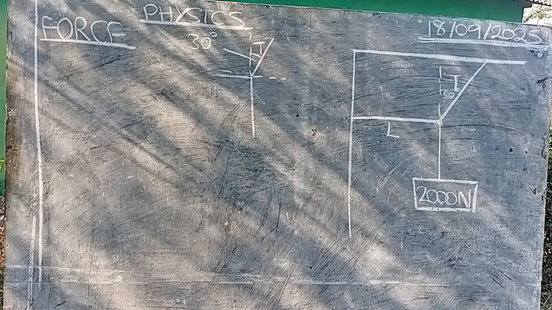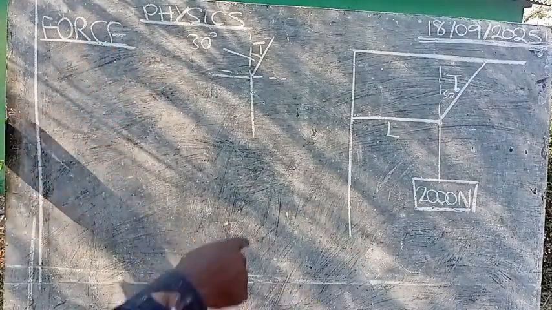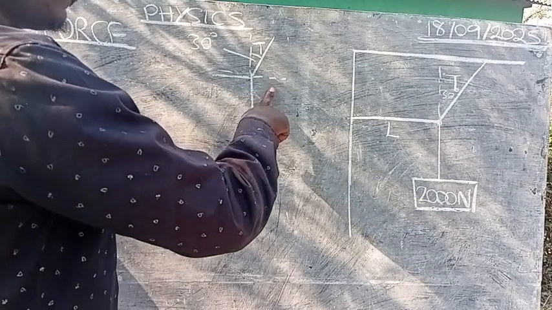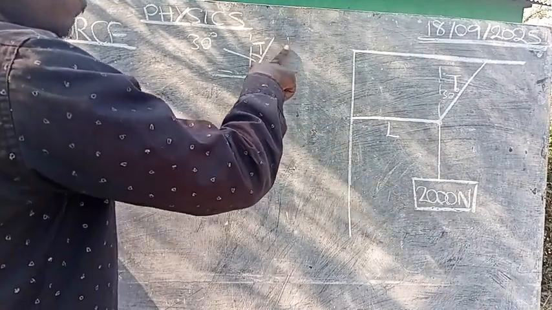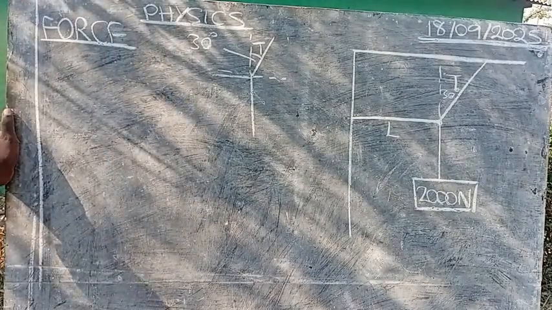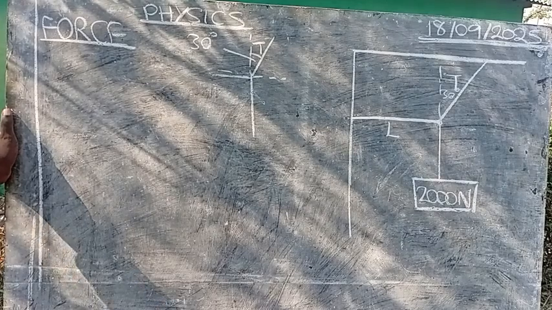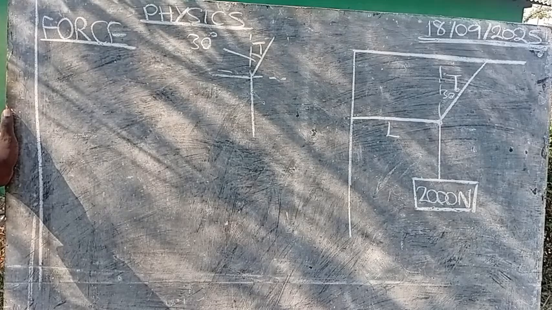Since we only have one cable, we shall have the Tx component and the Ty component. To resolve the components, you either use the quadrant method or the x-axis method. Which one do you prefer?